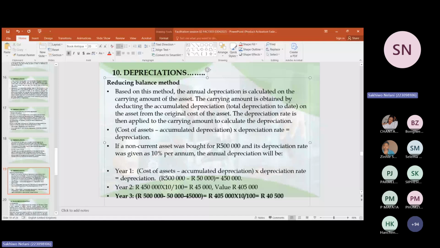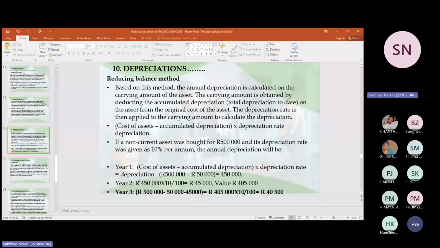In basic terms, you use the cost of your asset, you take into consideration the accumulated depreciation. In this context, 50,000 from year 1, we take into account. 45,000 for year 2, we take into account. Then we minus this from the cost, we remain with 405. Then we calculate 10% for year 3. So it's tricky. You need to make sure that you master this process, because you will be required to calculate depreciation for year 5, or year 4, without being given the earlier years.